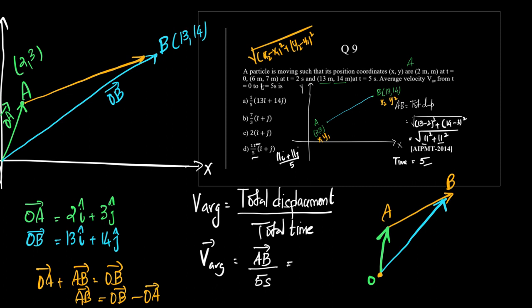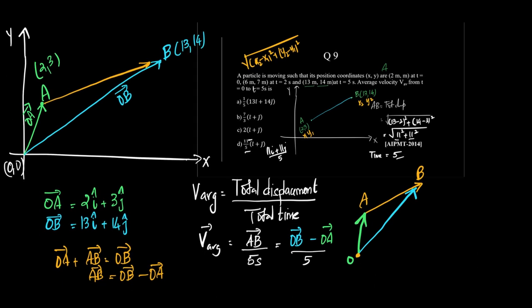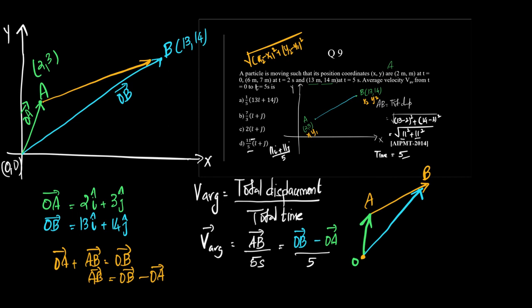So what is vector AB? Vector OB minus vector OA, the whole upon 5 seconds. Now, if we do the vector addition, what do you get? Vector OB is 13 i cap plus 14 j cap, minus vector OA, which is 2 i cap plus 3 j cap, the whole upon 5.